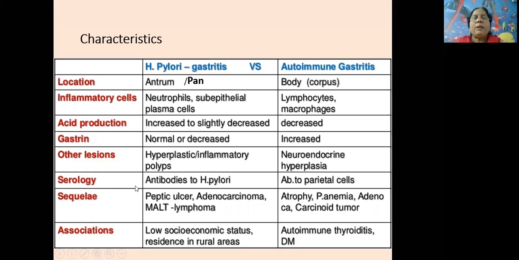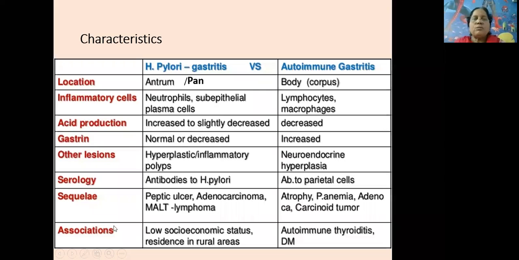Serology: antibodies to H. pylori. Here antibodies to parietal cells are present. What are the sequelae? So this will lead on to what? Peptic ulcer, adenocarcinoma, MALT lymphoma. Here, atrophy and pernicious anemia can cause adenocarcinoma, but more common is carcinoid tumor.